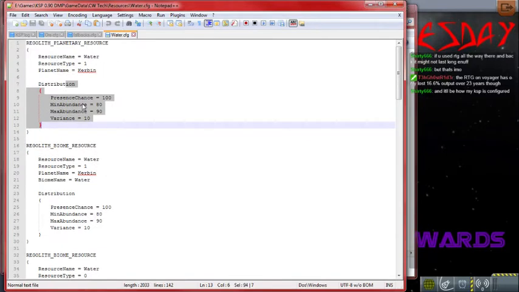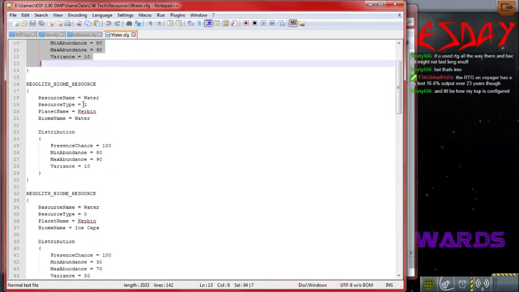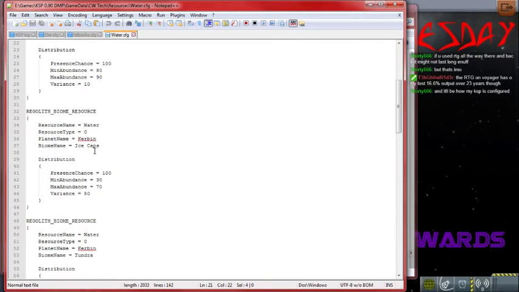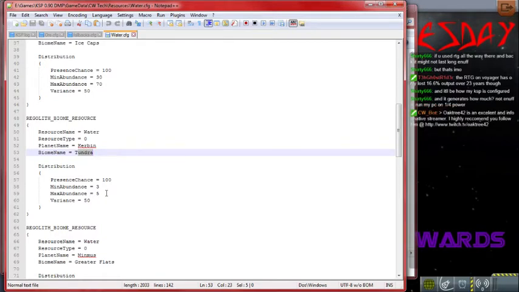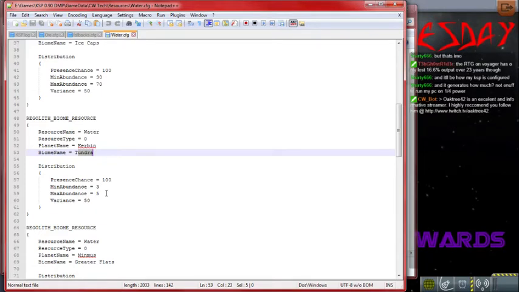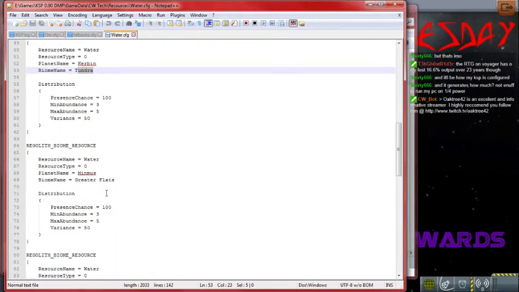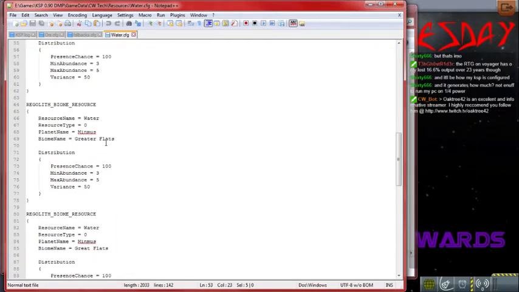Now I also set specifically by biome as well, and I had mineable type, which is type 0, Kerben's ice caps, and Kerben's tundra. Now I also set Minmus.